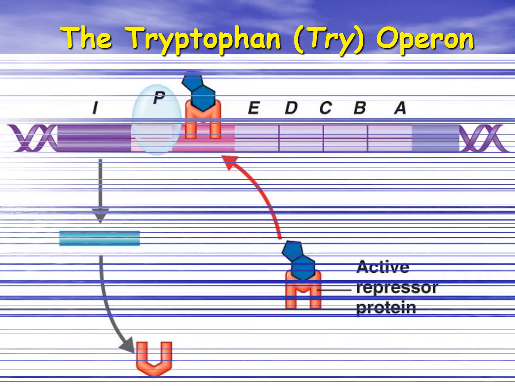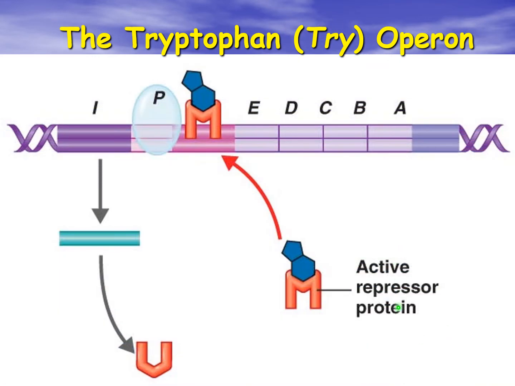But when tryptophan is present in required amounts, it binds to that inactive protein, making it an active repressor protein, and it slips over the operator, thereby blocking RNA polymerase from reading the genes and shutting down transcription of the structural genes of the operon. So it is repressed by the presence of tryptophan.